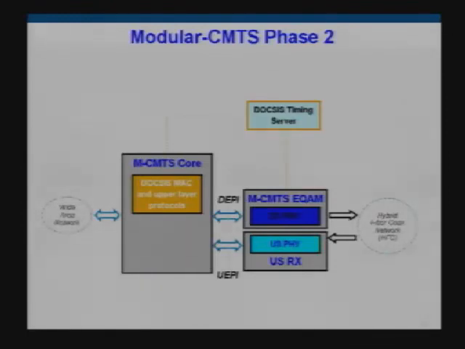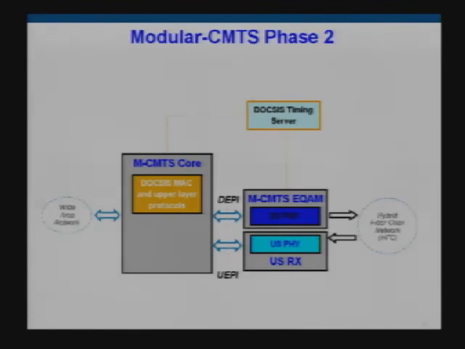So if you have something like a PHY shelf, which represents this EQAM, you can add downstream PHY and upstream PHY cards as required, as the network evolves. And in addition to that, the MCMTS core is now taking care of the DOCSIS MAC and upper layer protocols.